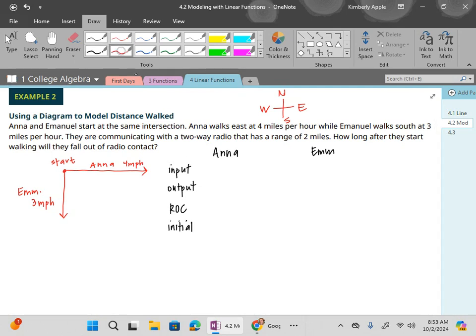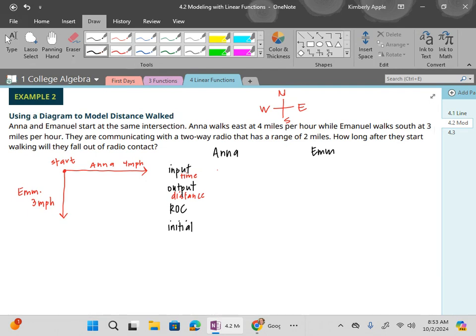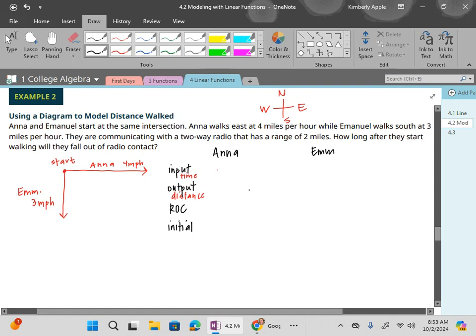Is the input going to be the time, and the output is actually going to be the distance, which is what miles are, right? Okay. So the initial distance from the starting point for Anna is going to be what? 0. Yeah. What about for Emmanuel? 0.